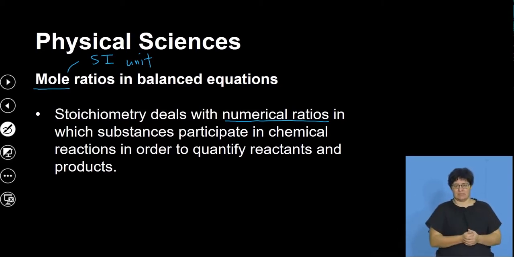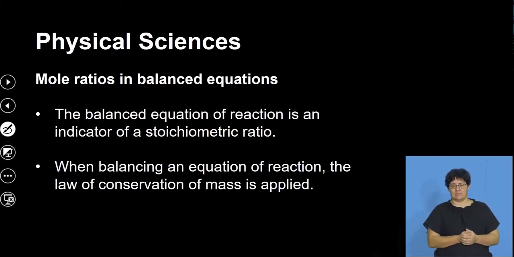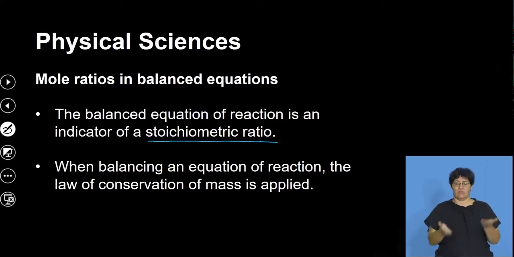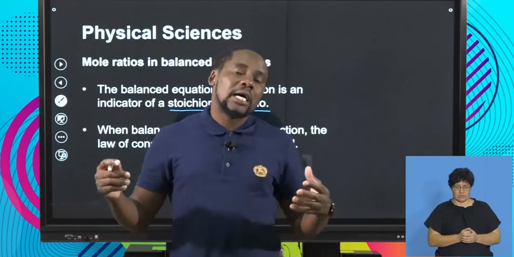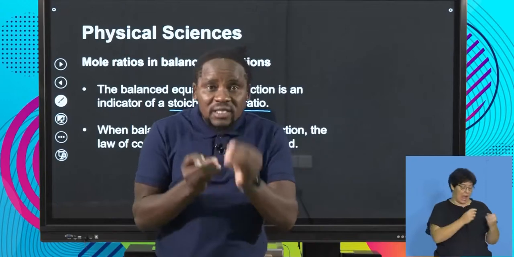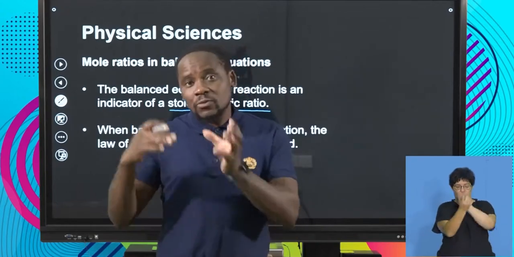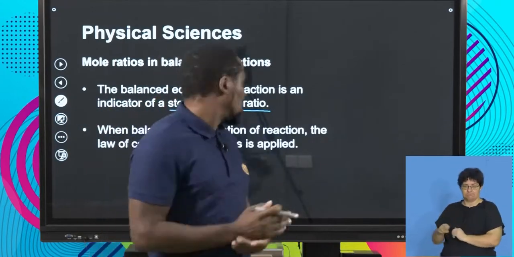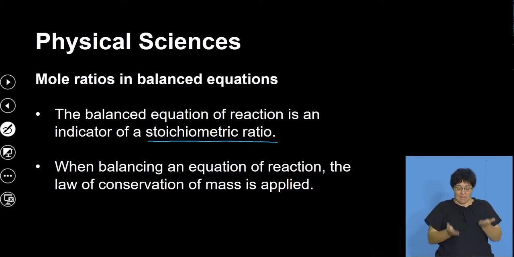The stoichiometric ratio in which substances react is the whole number ratio in which these substances participate in a chemical change, which forms new substances, which are the products. And so when balancing the equation, we apply the law of conservation of mass.